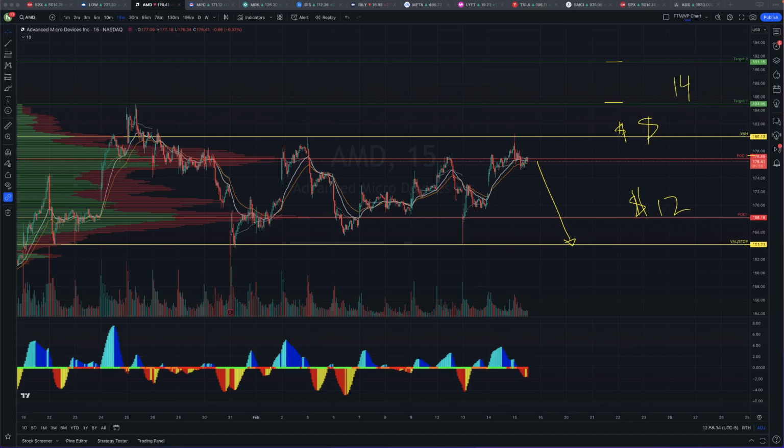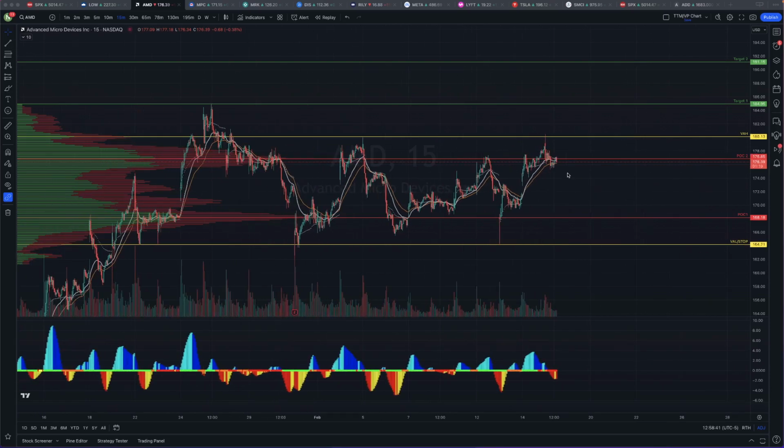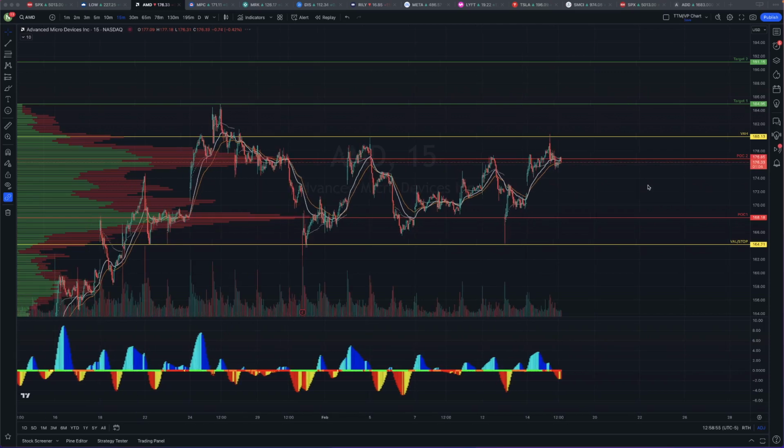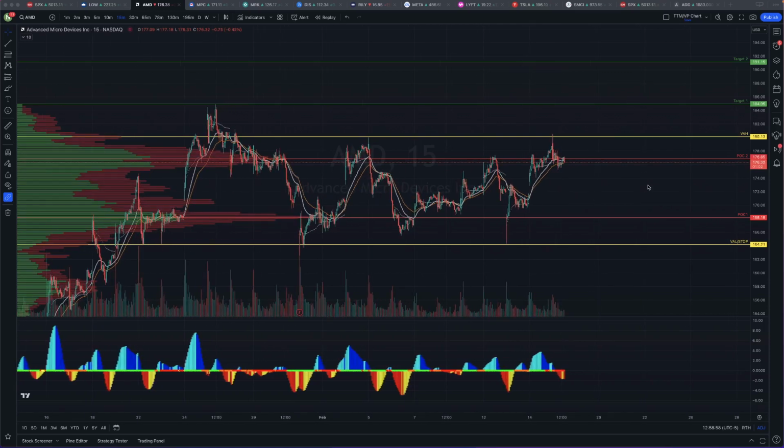So right here, with this 195-minute squeeze on AMD, this is not, in my opinion, a good entry spot. We've come up to resistance, this value area high. We've rejected. We're consolidating around point of control 2, right? We could move up from here, and we've missed this trade, and that's okay, right?